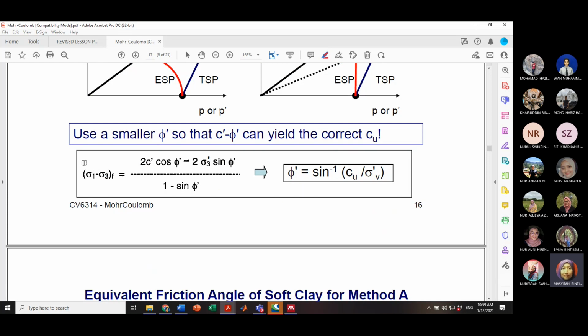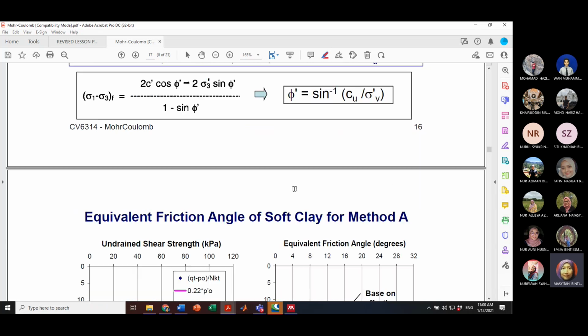Okay, yang ni adalah it is only to say how important it is to use the right method in order to have the correct CU, and how it is shown from the first slide from the first note yang saya explain about the yield criterion, yield stress, yield function, so the final stress, kemudian and then how it is derived to the effective friction angle.